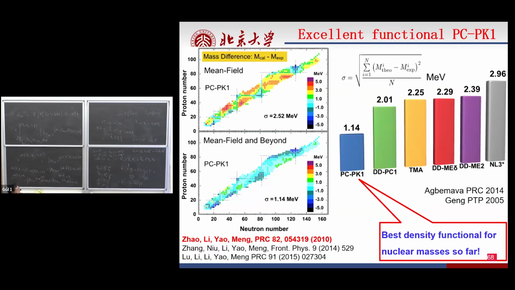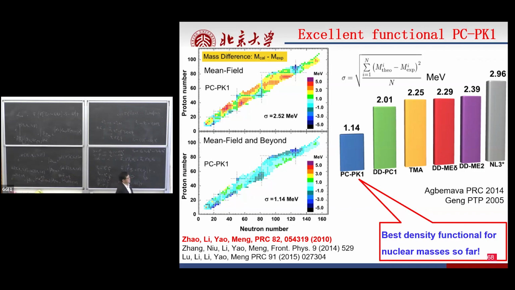If you remember, yesterday I mentioned to you this functional PCPK1. So you see this is with even-even nuclei with measured mass. We examine, for example, compared with other relativistic density functionals, how this PCPK1 performs.